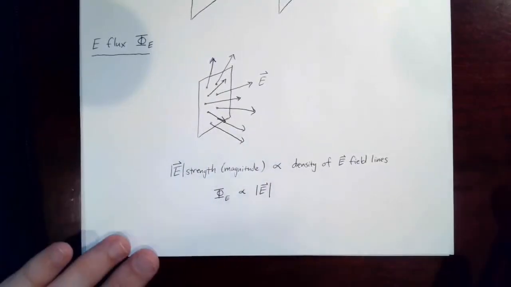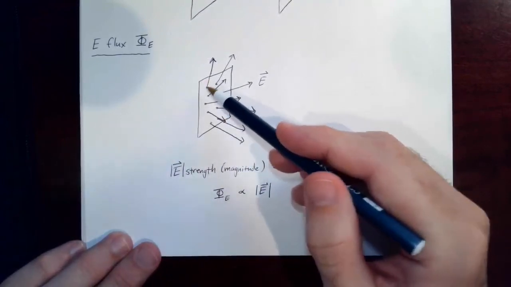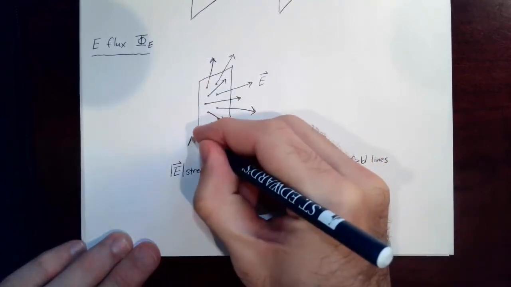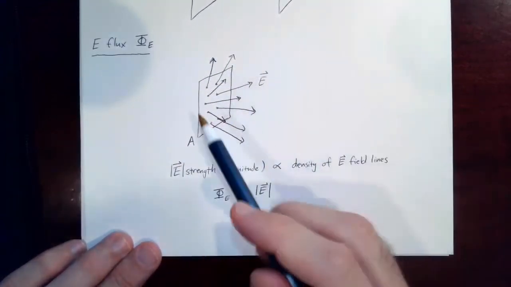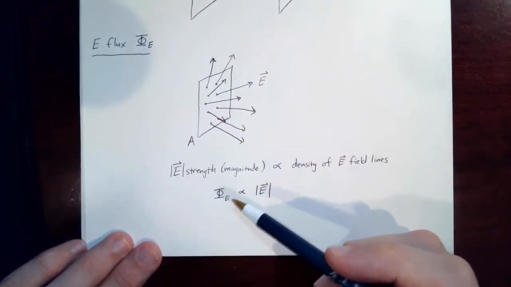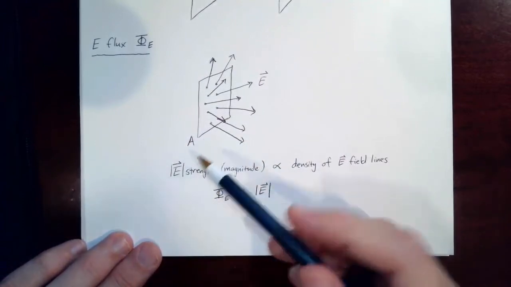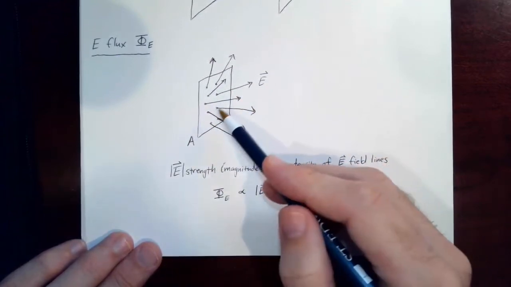Okay, another thing that we can conclude about the electric flux is, let's say this surface has an area A. If I make this surface bigger, so it has a bigger area, then you would expect more electric field lines to be penetrating the surface. It seems pretty straightforward. And if I make it smaller, then there are going to be fewer field lines piercing the surface.